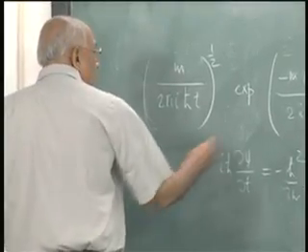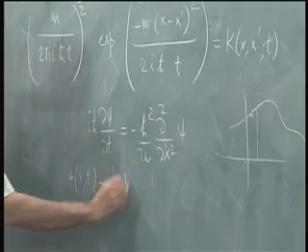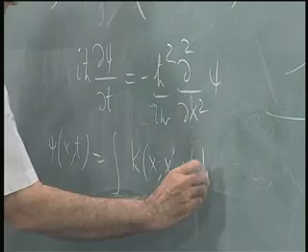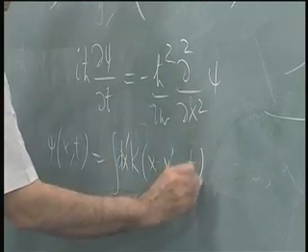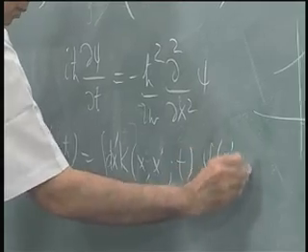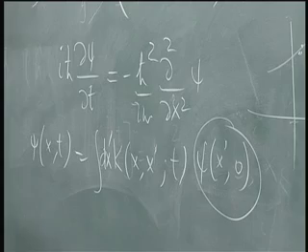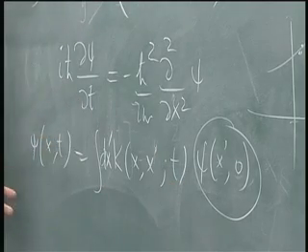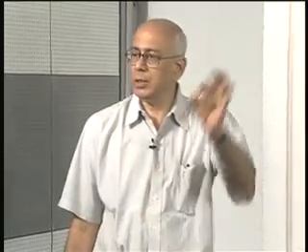So the formal solution, once I put that in, is that psi of x comma t is an integral of K of x comma x prime comma t, dx prime, psi of x prime comma 0. So this is the initial value. You converted this into an initial value problem. Given the initial probability amplitude, I am able to find the probability amplitude at all later times with this propagator that takes me from the initial to the final state.